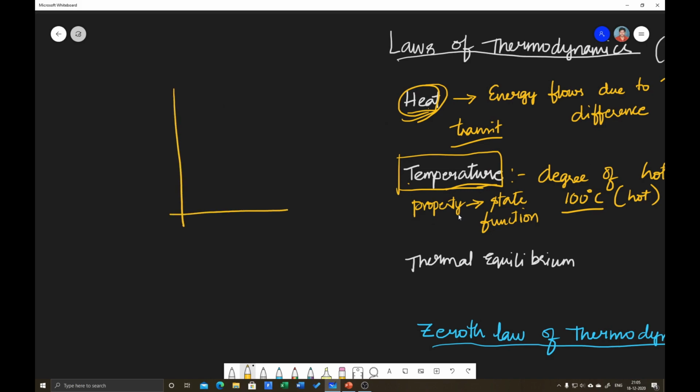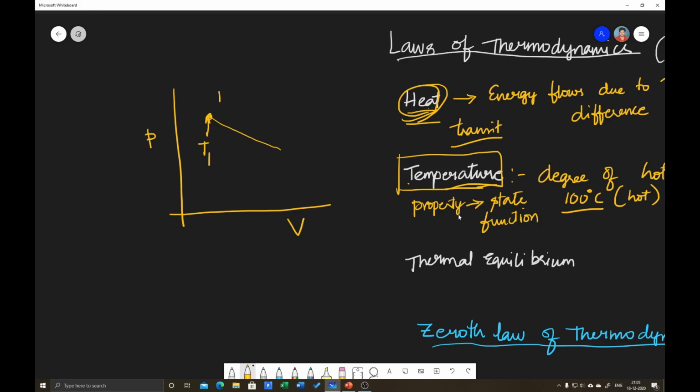Let us assume a PV diagram. Here the system is at this point 1. At this point we can measure the temperature and say this temperature is T1, whereas we cannot measure heat because it has not undergone any process.